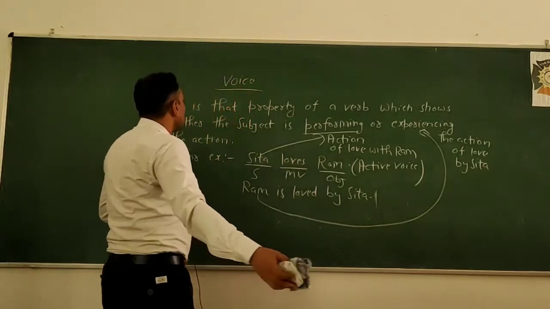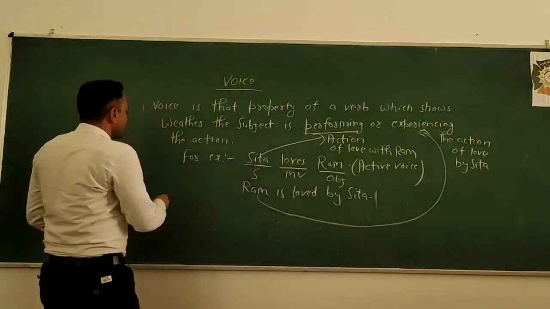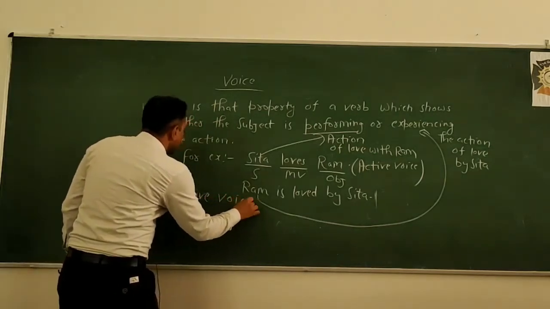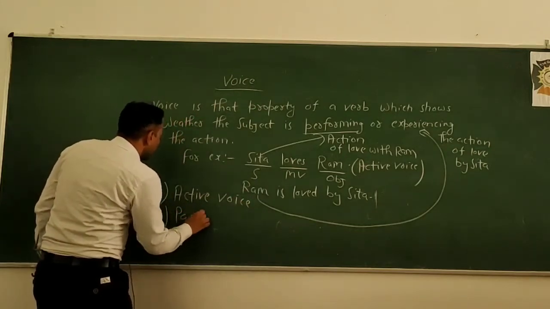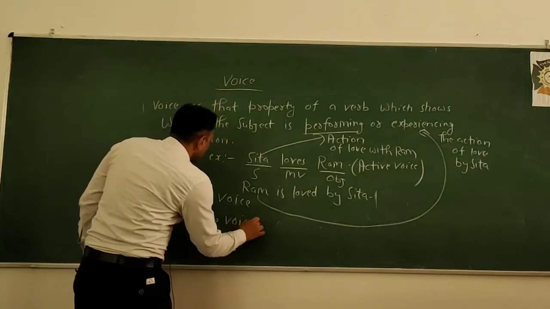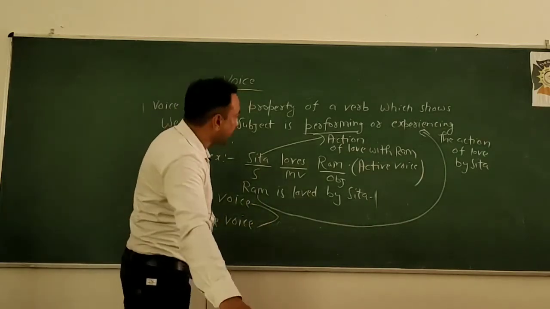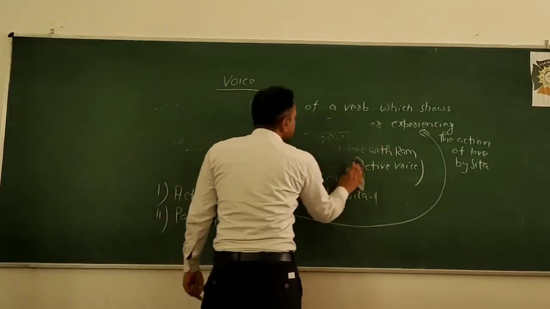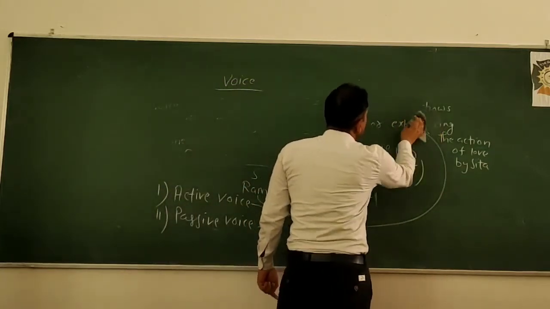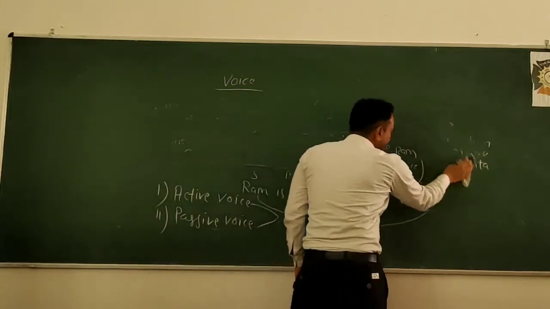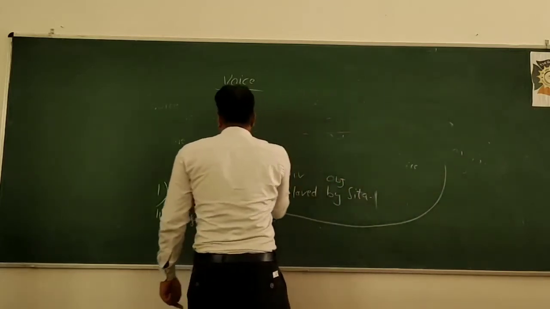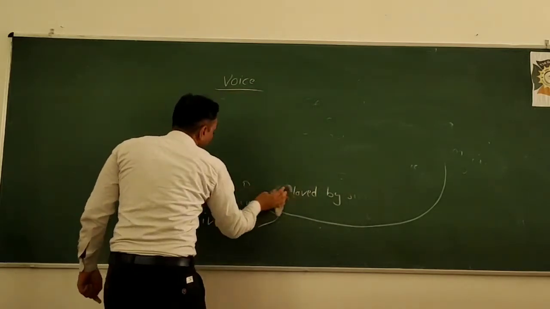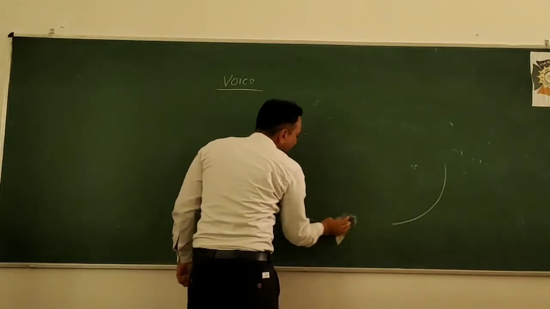And now you know that voices are of two types. The first one is active voice, and the second is passive voice. We will learn how to define active voice and how to define passive voice. You know, students, that in English grammar we have 5 properties of a verb.